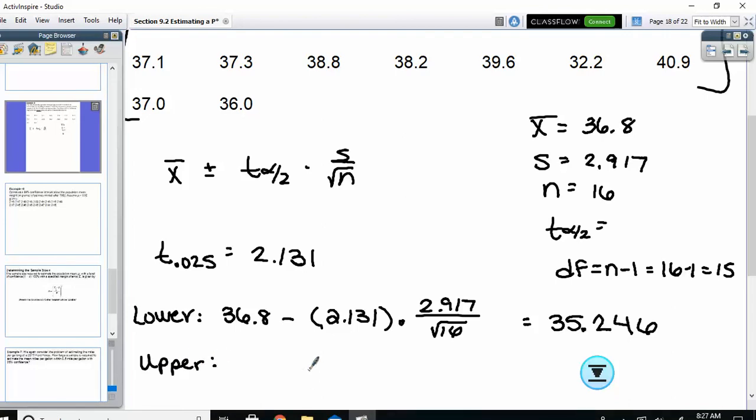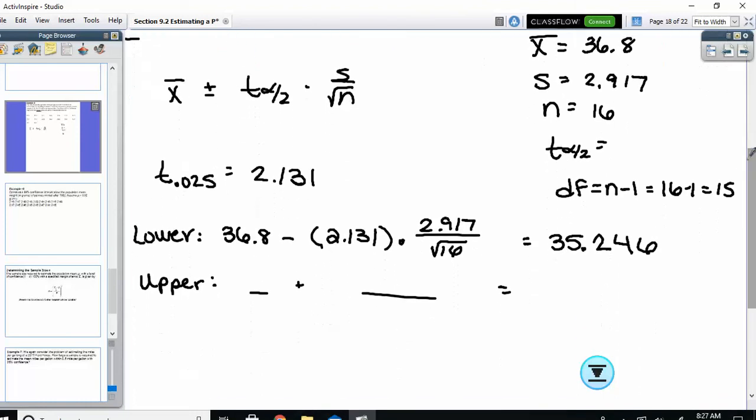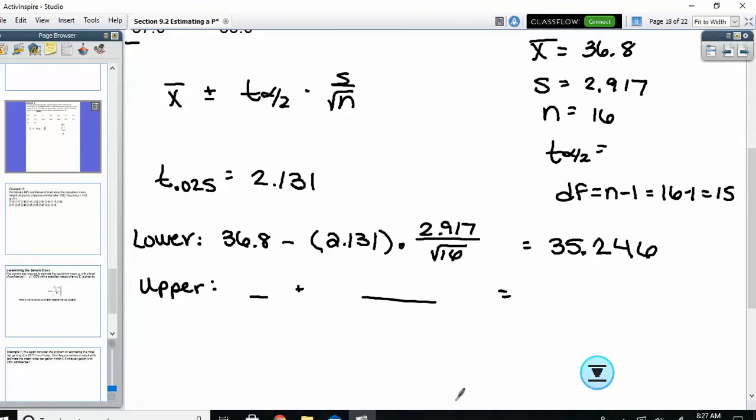What changes for the upper one? Yeah, same things, but just a plus in the middle. So if you just hit second enter, you can bring it back up on your calculator, change that to a plus.